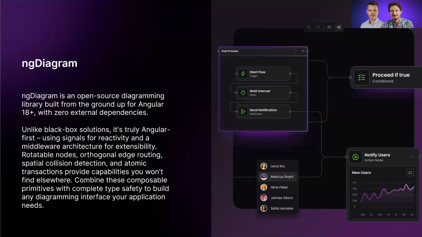As I said, React Flow is quite basic. GoJS is very large and very mature. So we decided to create something in between. We want to give more features than React Flow, but it shouldn't be as hard to use as GoJS.